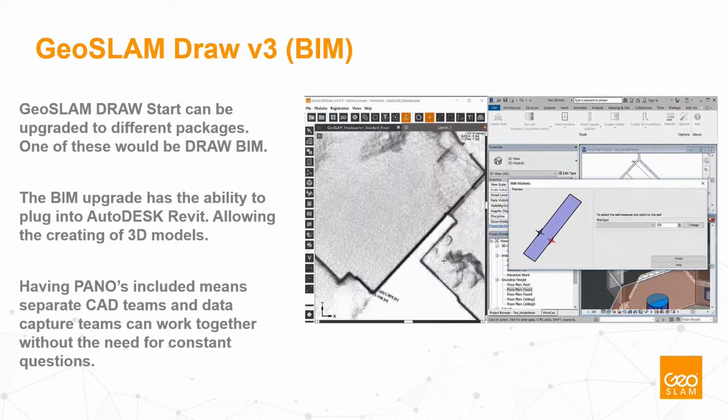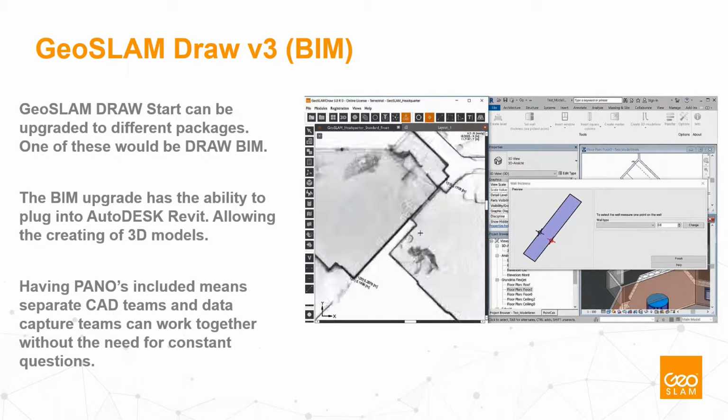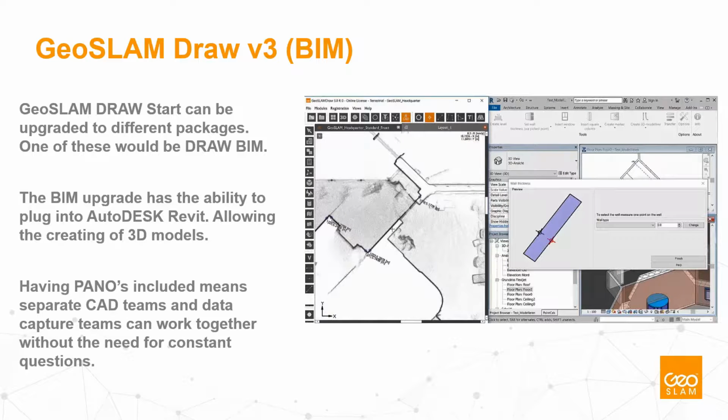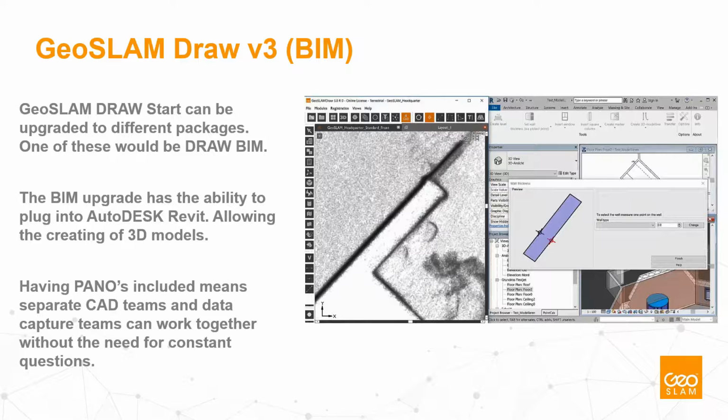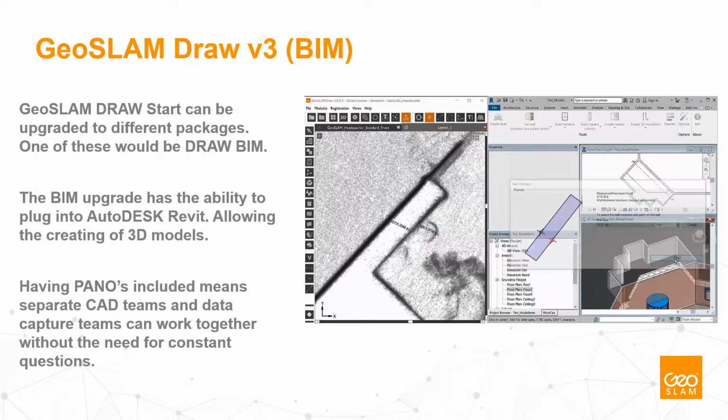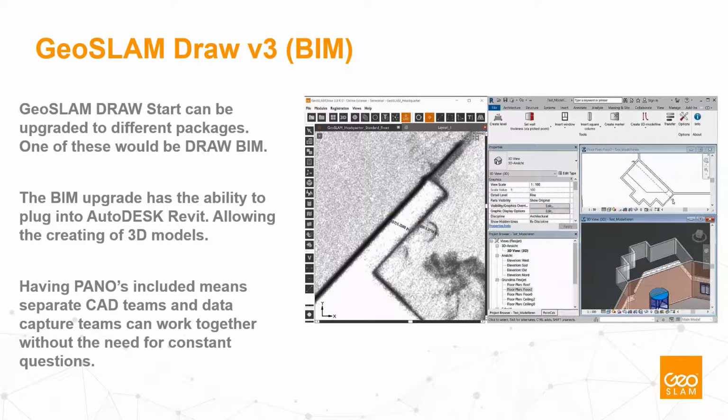So there's no need to have handover meetings for every single scan between the person that acquired the data and the person that is post-processing the data. The person that is working towards the final deliverable has all the information available to them. So hopefully a much more seamless collaborative environment that lots of people can access.